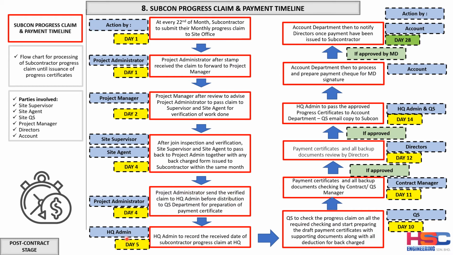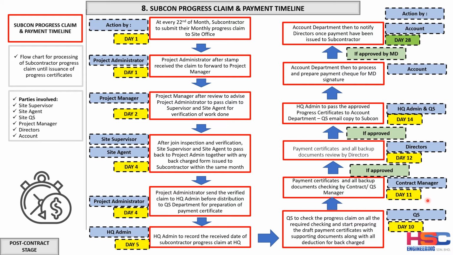And then the HQ admin, when they receive it, records the receipt date of the subcontractor progress claim, and then passes it to the QS on day 5, and the QS in HQ will take another 5 days to check the progress claim on all the required checking and start preparing the draft payment certificate with supporting documents, along with all the deductions for back charges. So within the 5th and the 10th day, the QS in HQ needs to complete this checking and start preparing the payment certificate.